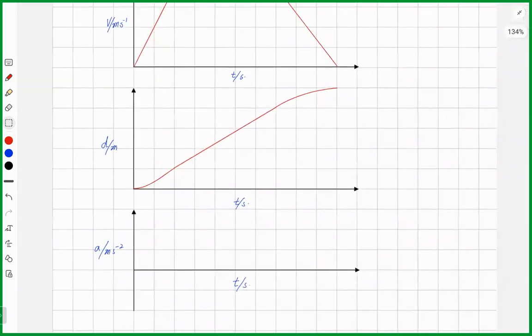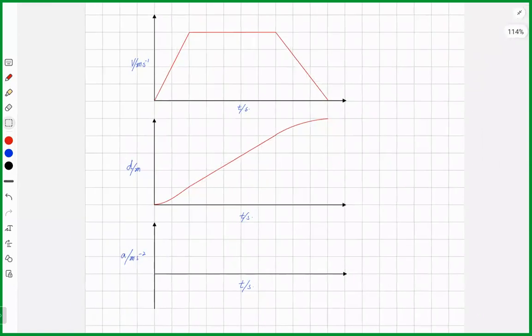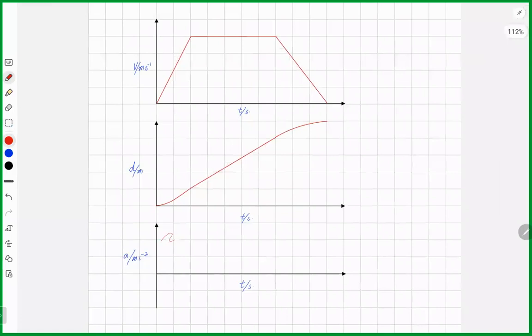Now for acceleration and time, I can see there is a positive constant acceleration for the first 2 blocks. And then for the next 5 blocks, there is no acceleration.